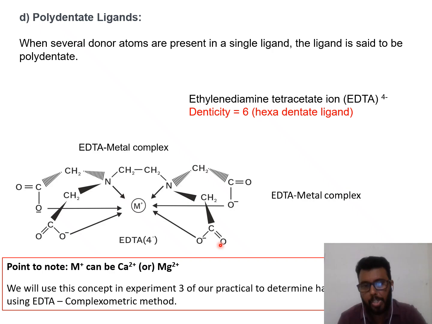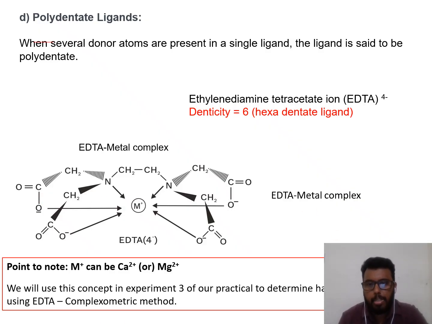But look at this one. This is the simple structure of ethylenediamine. You know that ethylenediamine means NH2, CH2, CH2, NH2. Instead of the hydrogens on NH2, you will have acetate groups. For example, on the right side, instead of two hydrogens, you will have CH2COO and CH2COO. Similarly, here with the nitrogen, you will have CH2COO, CH2COO.